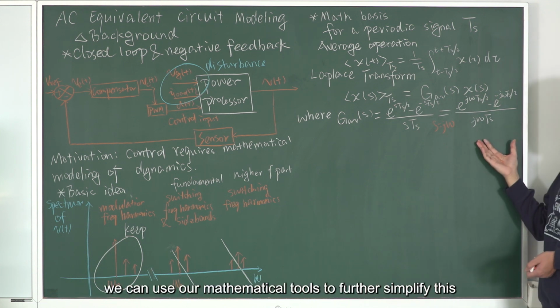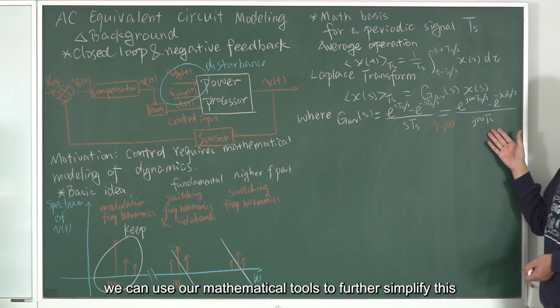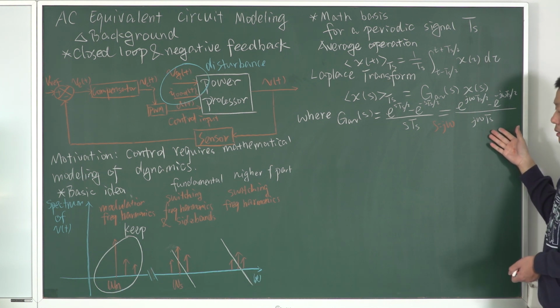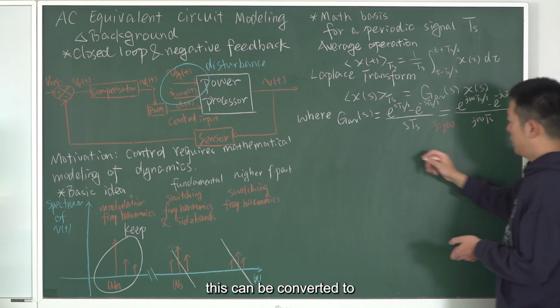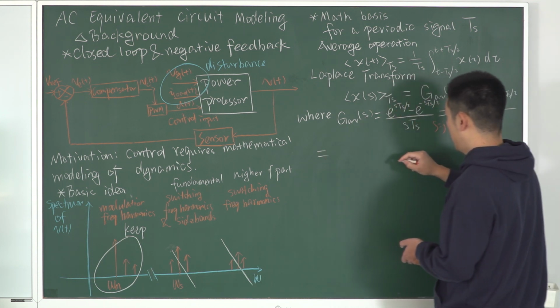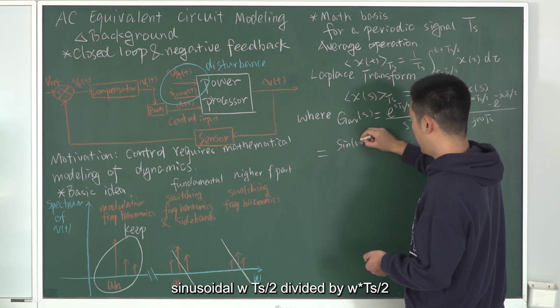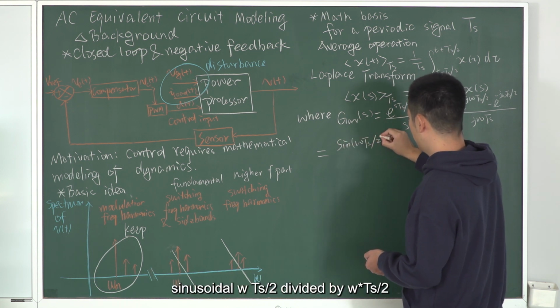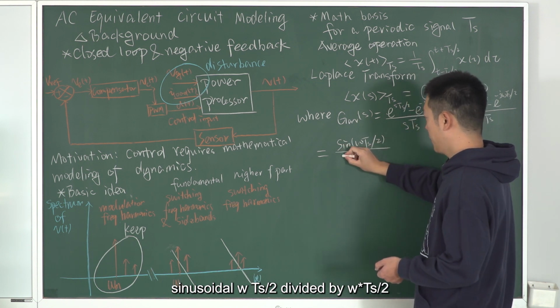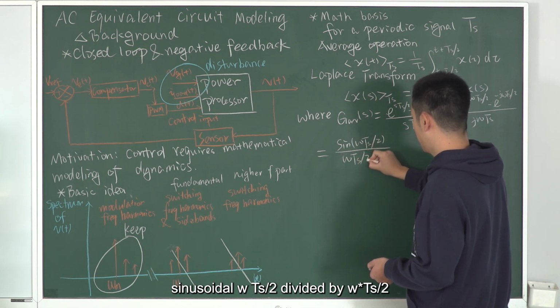We can use mathematical tools to further simplify this. This can be converted to sine of omega Ts over 2 divided by omega Ts over 2.